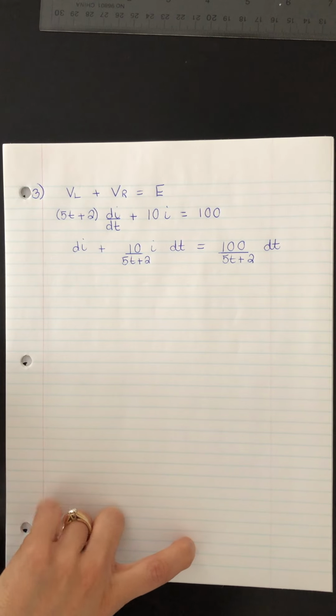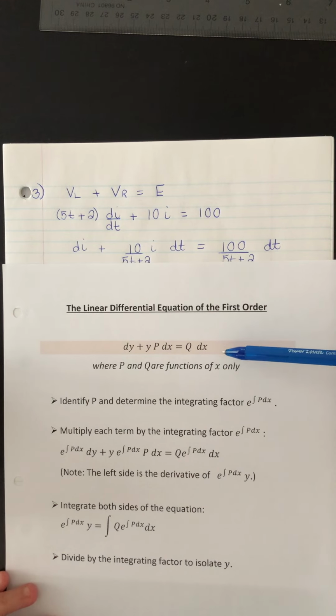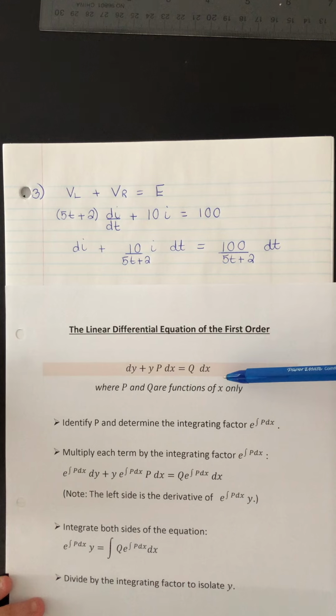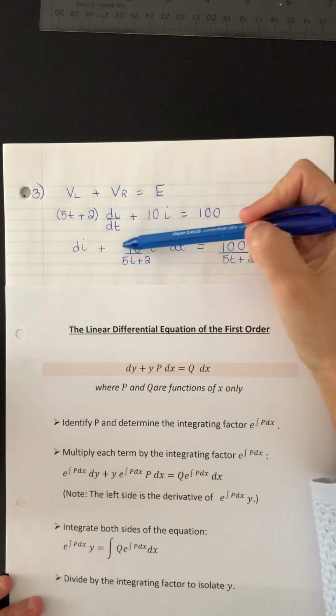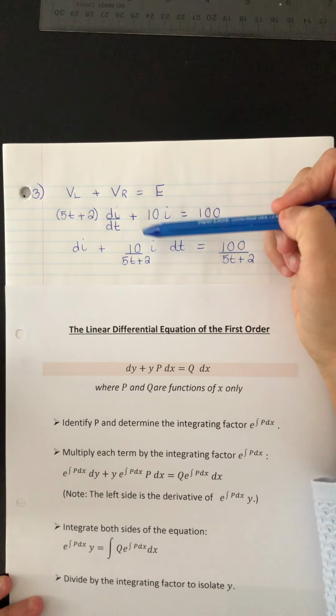So you should be able to compare that to our general formula for the linear differential equation. And you should be able to identify that P is equal to 10 divided by 5t plus 2.